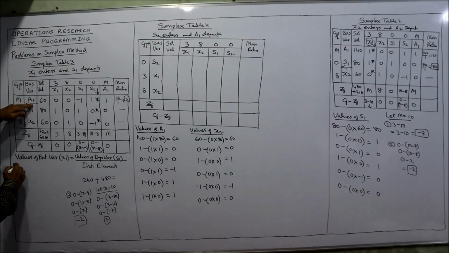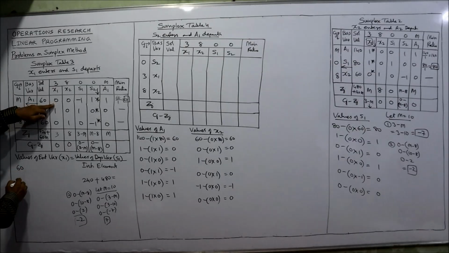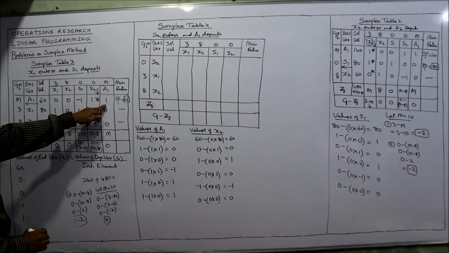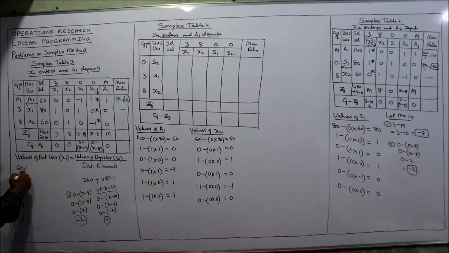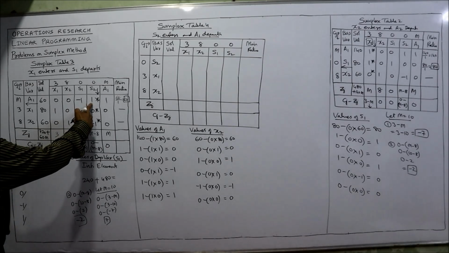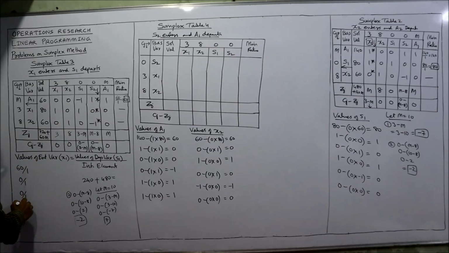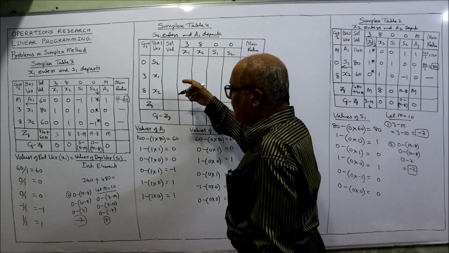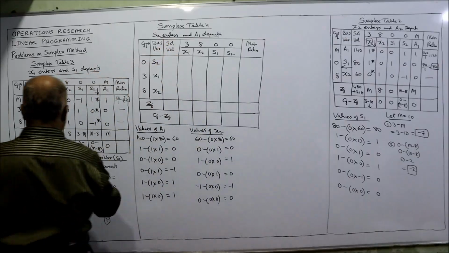A1 values are 60, 0, 0, minus 1, then plus 1. We are not taking the value of A1 because A1 is departed. Divided by the intersectional element. What is the intersectional element of A1? It is 1. So I am taking 1. It is 60, 0, 0, minus 1 and 1. So these are the values of the entering variable. Which is the entering variable here? S2.